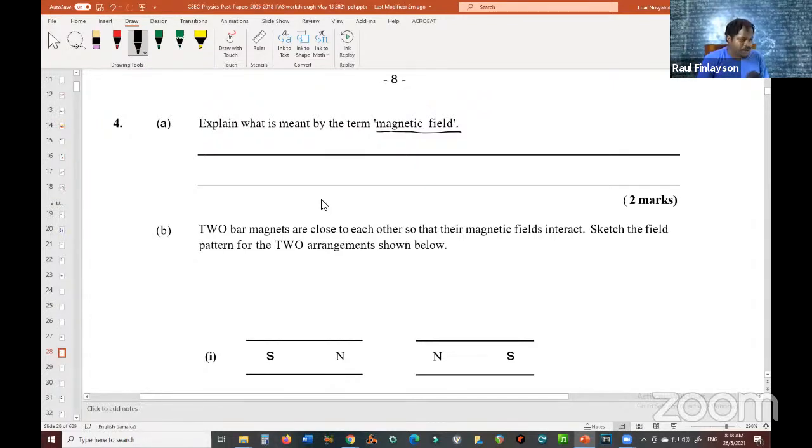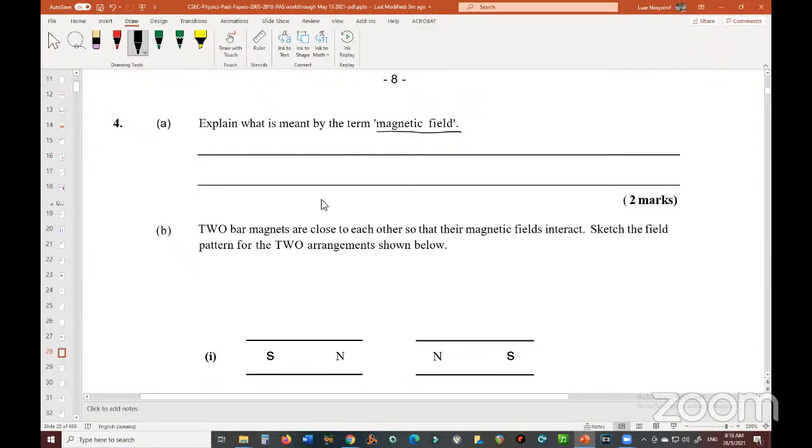Maybe get 1 out of 2 marks for that. It's incomplete though, certainly. On the right track though. Anybody want to help him out? Sir, the gravitational pull acting around an object.